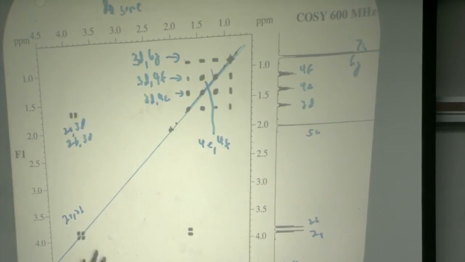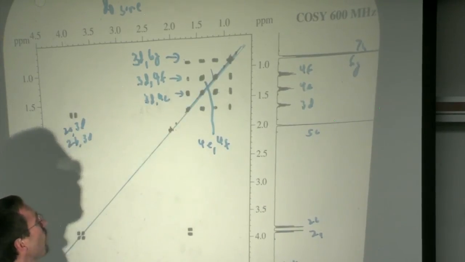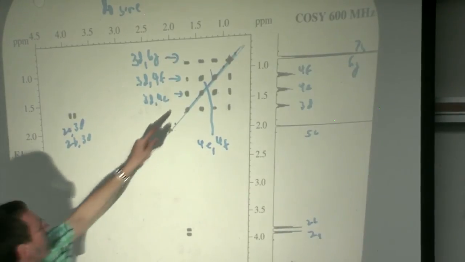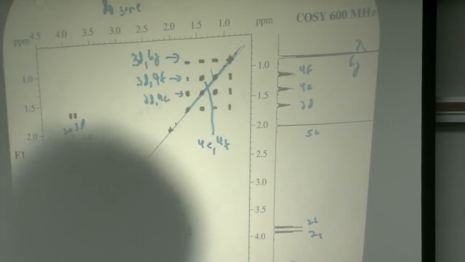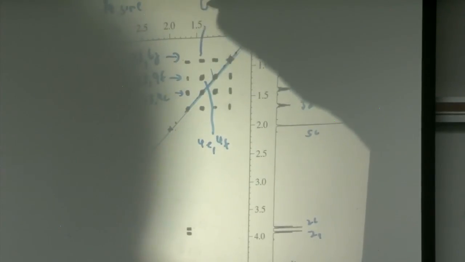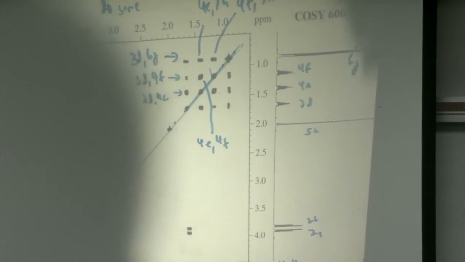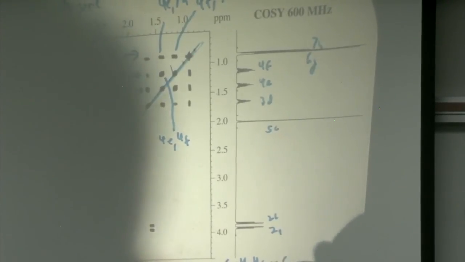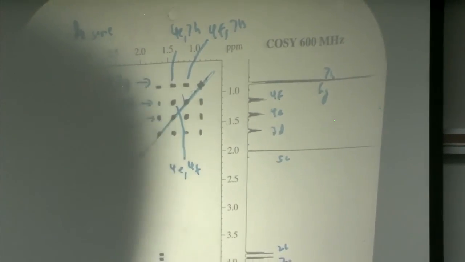But now I come to the last ones, and I get 4E with 7H. You notice this one's lining up with the full edge. So 4E to 7H. And this one's 4F to 7H. And that gives me the last of my chain, C7, H3H.